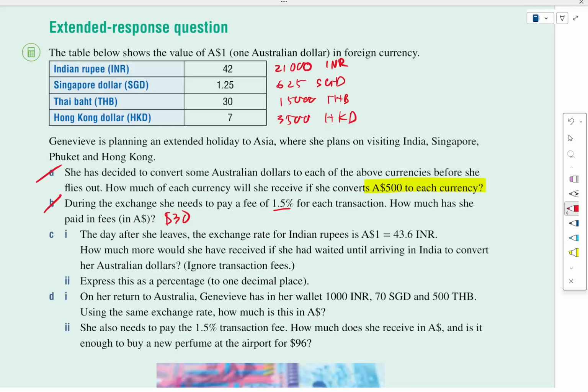Now C1. 800. 800 is correct. Okay, very good. C2. Expressed as a percentage.